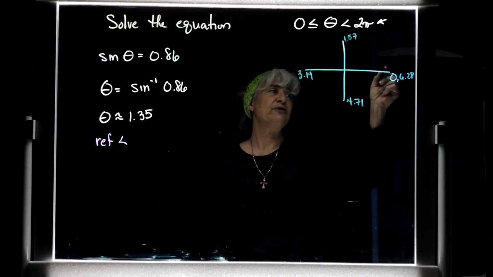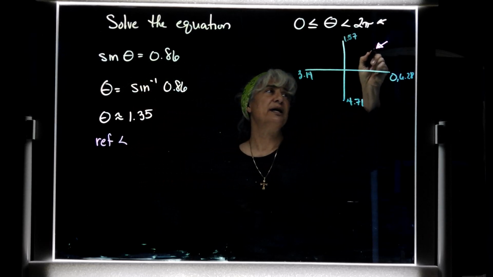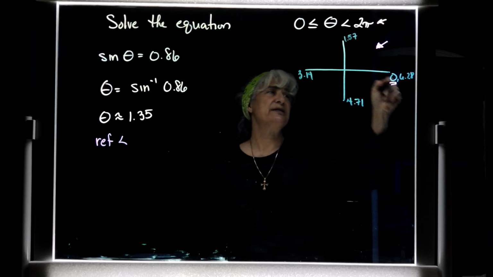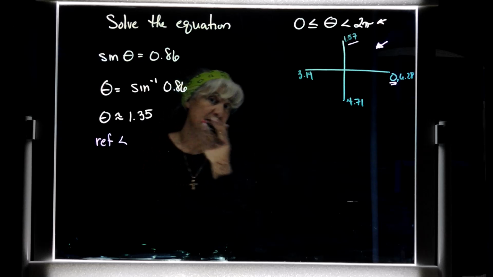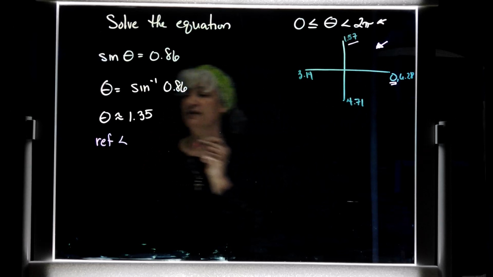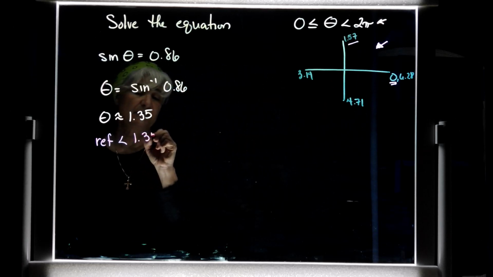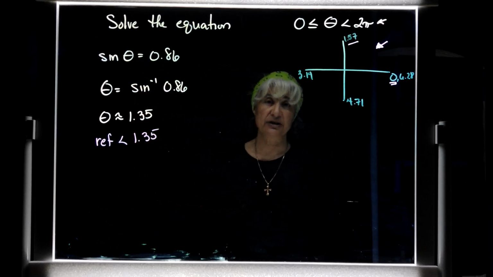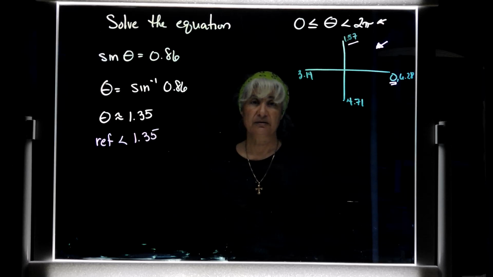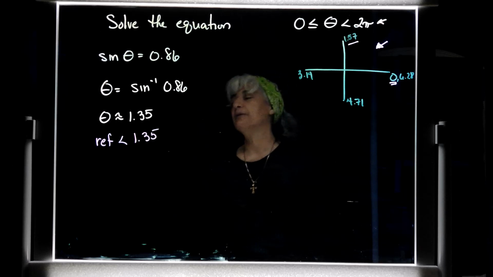Well, my reference angle is supposed to be quadrant 1, and those angles lie between 0 and 1.57. This answer is between 0 and 1.57, so this answer is my reference angle. And now I just have to figure out the quadrants that I'm working with. Does that make sense?